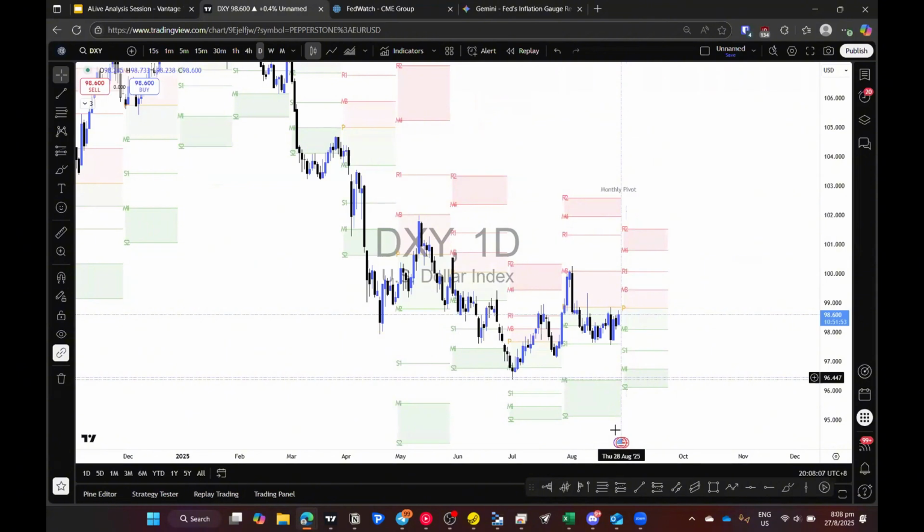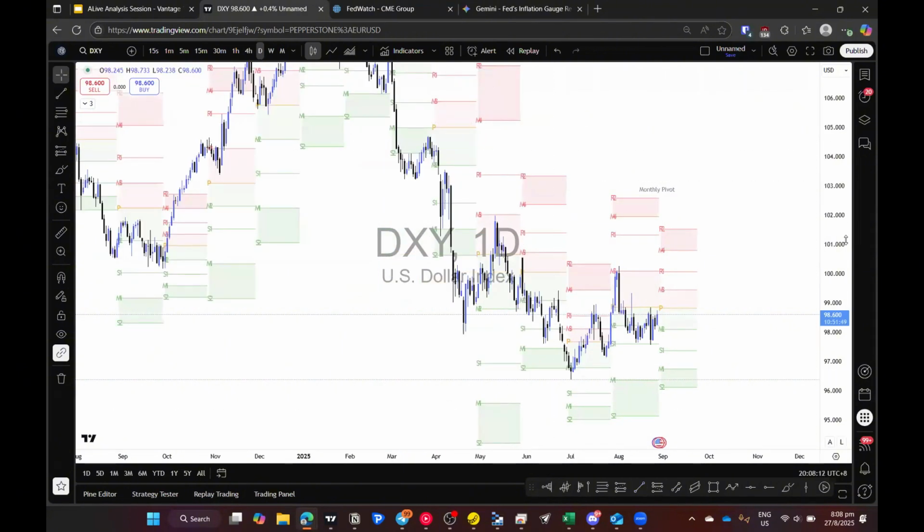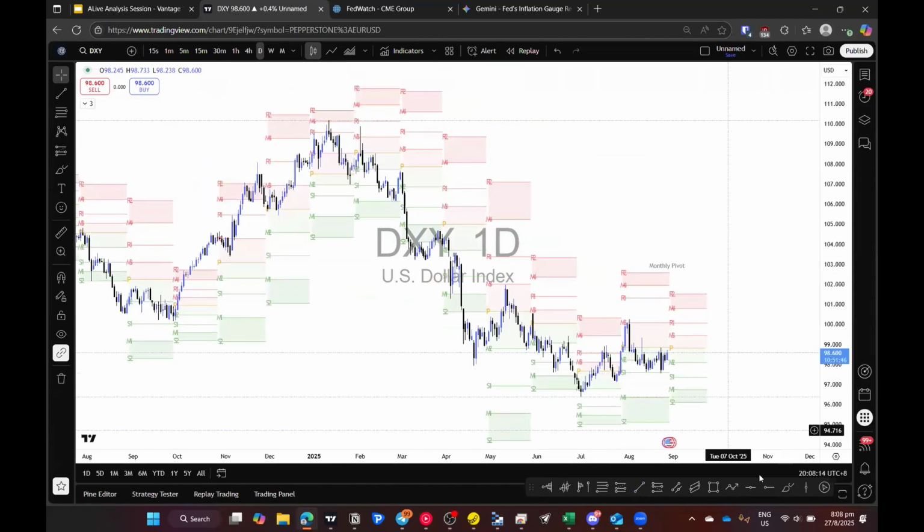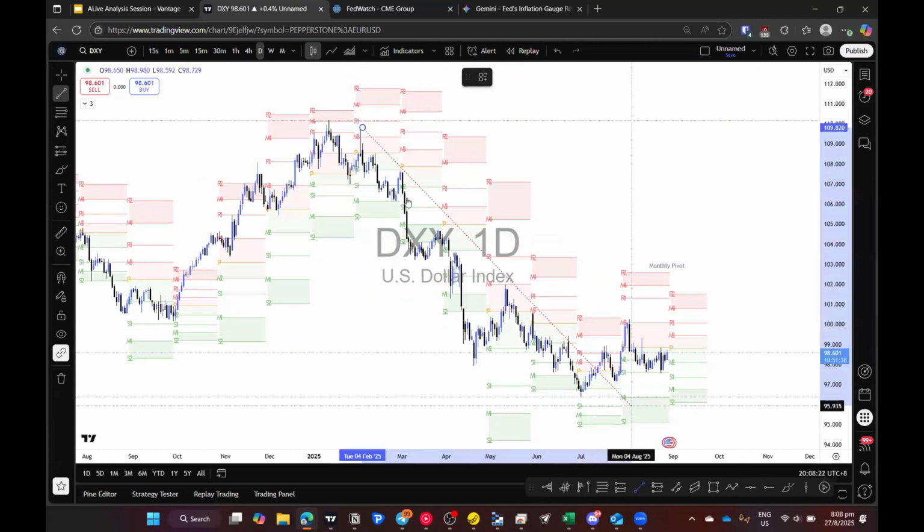Based on the technicals of your DXY, you can see the breakout of this downward channel. This downward channel started probably on the 3rd of February, and for the entirety of this year, you can see that the dollar has been weakening for the most part of the first half of this year.